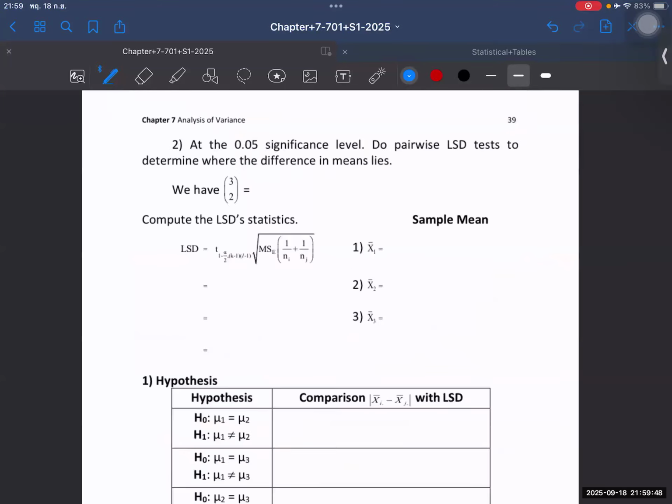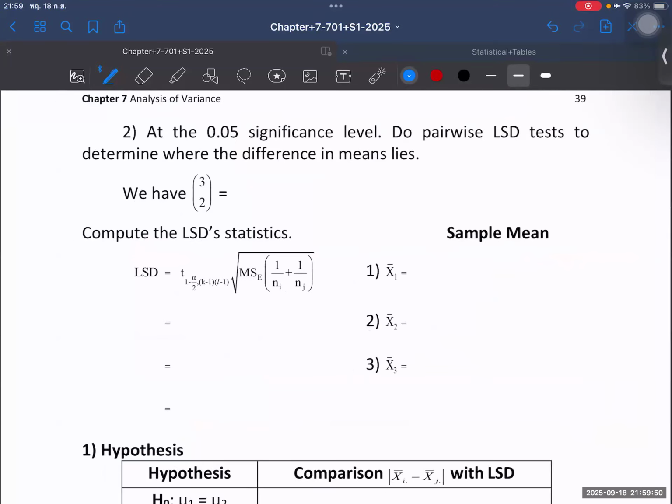Okay, so the second question is that, if we have a difference among the means of the treatments, we can use the LSD pairwise test. So I calculate the LSD test. Okay, so we have the 3 pairwise.